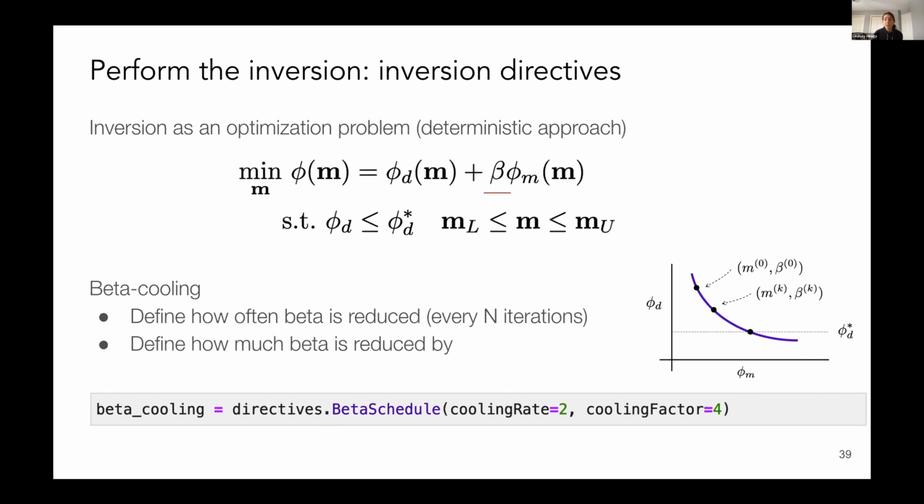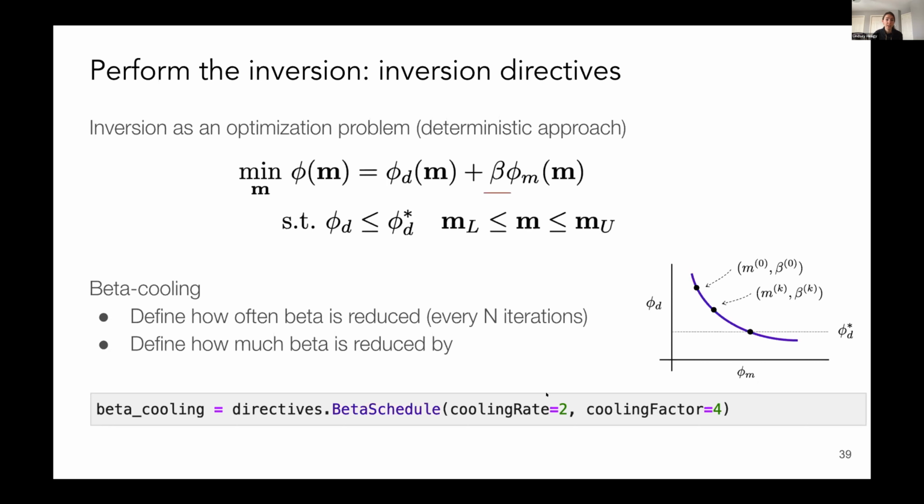The next piece is that a common approach in EM inversions is to define a beta cooling schedule. Basically, we start with something that weights the importance of the regularization very strongly, and then as we progressively fit the data, we turn down the volume on that and try to fit the data more strongly. There are a few different things you can change in how we do this beta cooling.